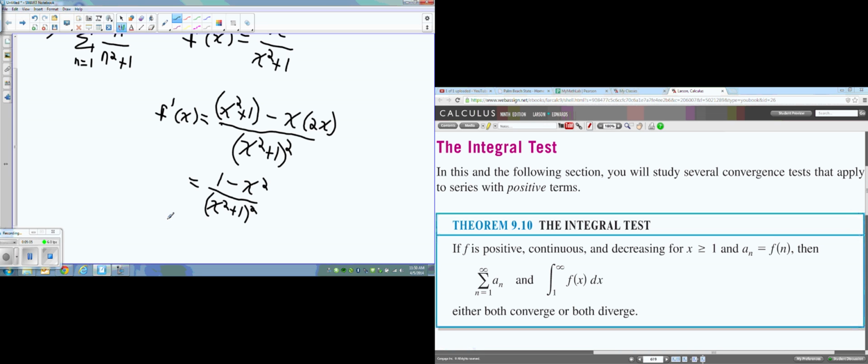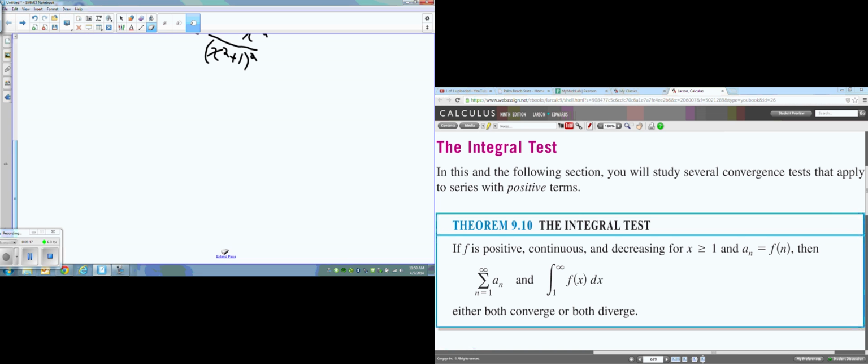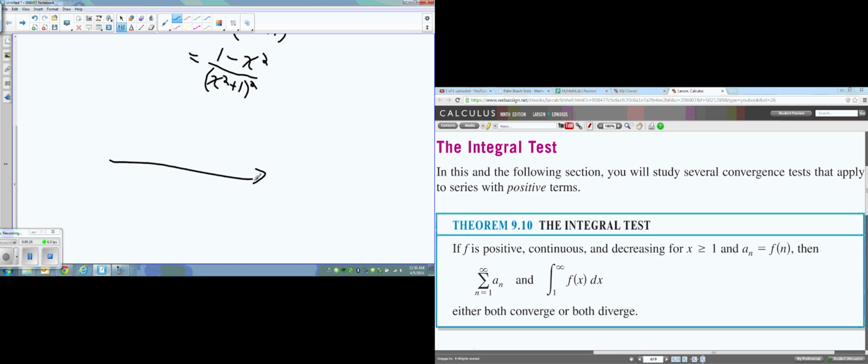All we really are concerned with is what happens to the right of 1, because in our Theorem 9.10 over here, it says that it has to be decreasing for x's that are greater than or equal to 1. It turns out that 1 is one of the critical numbers, so we just are concerned with the interval from 1 to infinity. So we're concerned with this interval over here.